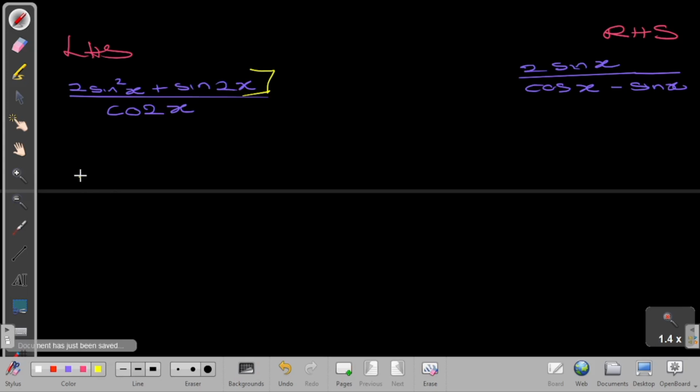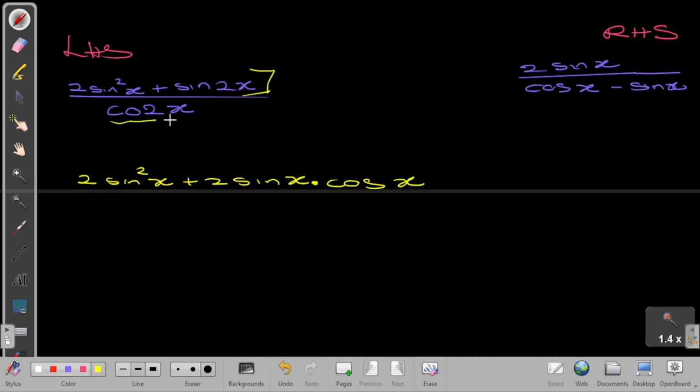I'm going to say 2 sine squared x plus 2 sine x cos x, like that. And we can also do something with this bottom part.